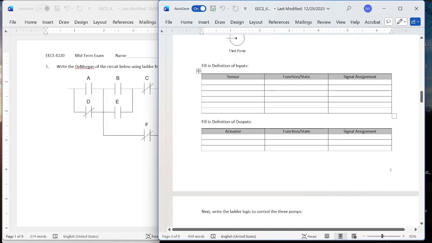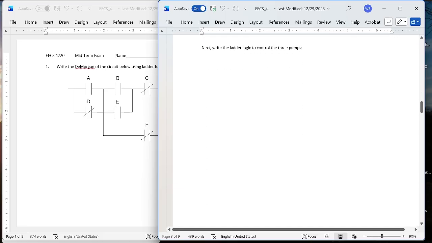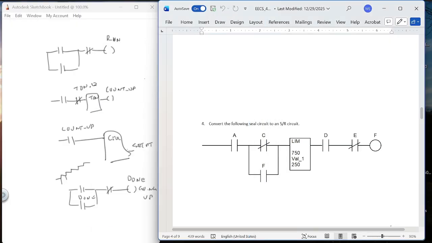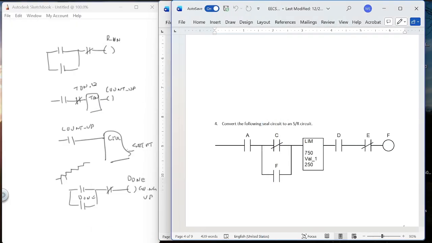And again, I ask you to fill in the I/O for this one. Very rarely do I, but in this case I did. Again, what is the opposite of LIM? Anybody know? Anybody remember?